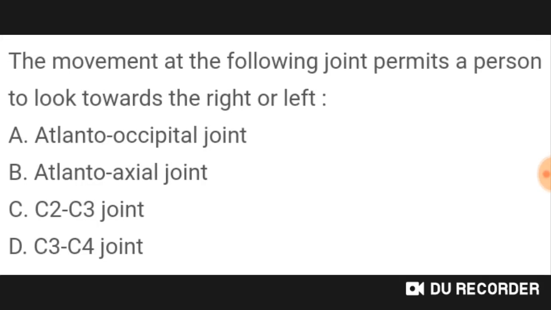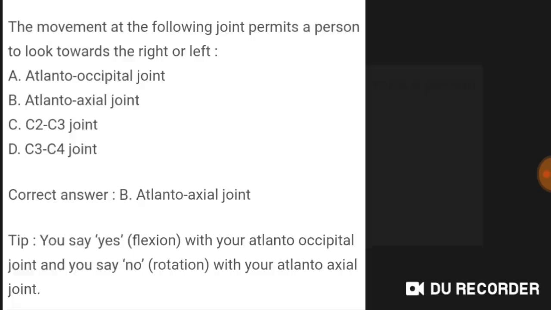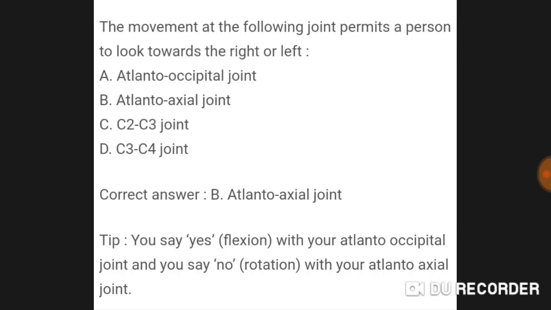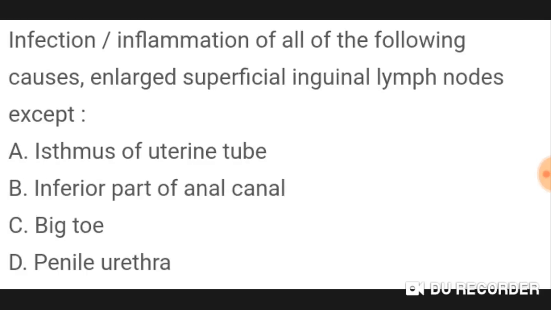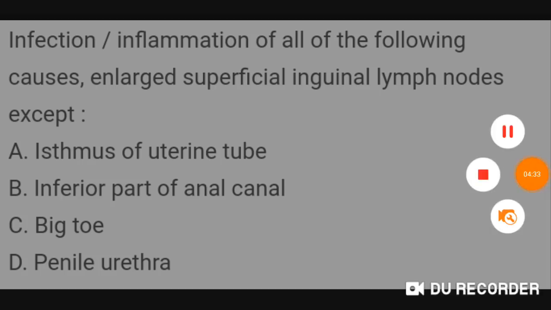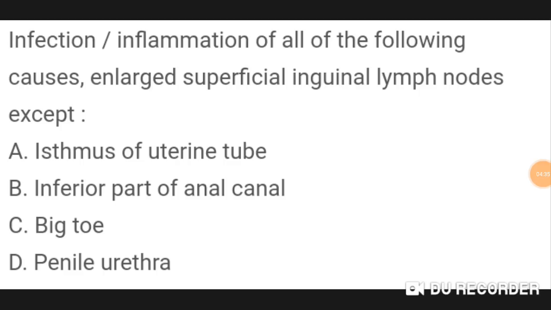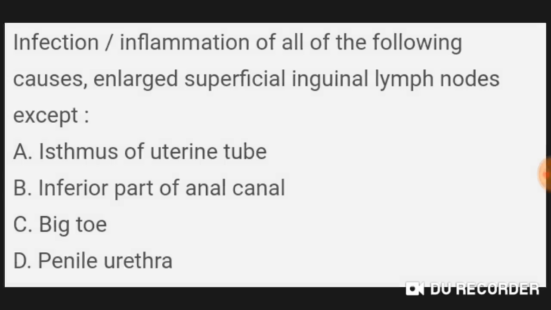Saying yes is flexion at the atlanto-occipital joint and saying no is rotation at the atlantoaxial joint. Infection or inflammation of all of the following cause enlargement of superficial inguinal lymph nodes except penile urethra.